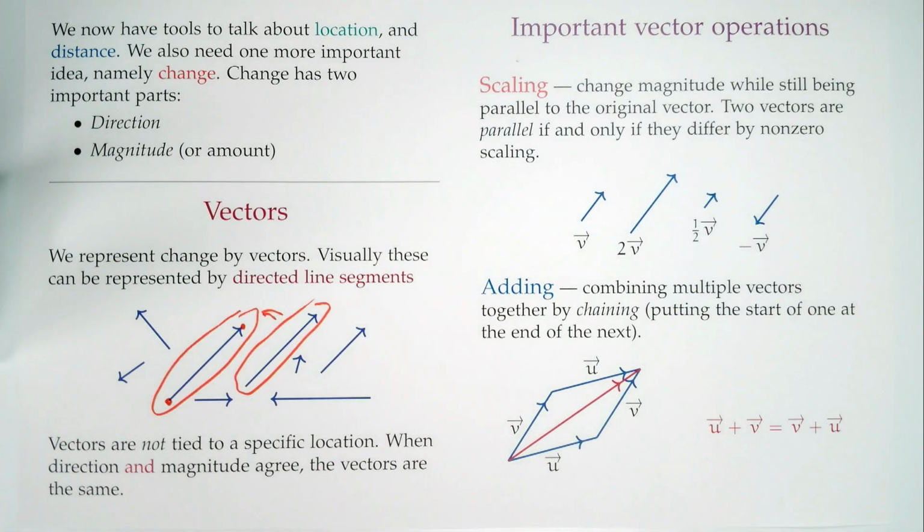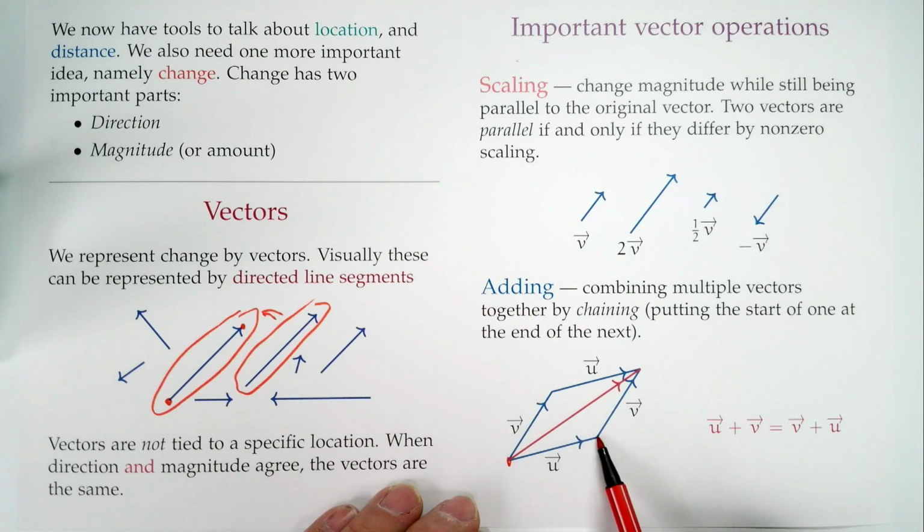Now, the other thing we can do is we can add vectors. What we mean by adding is we're going to take two different vectors, possibly more than two, but we'll just start with two. And we're going to combine them together by chaining. So, suppose I start at this corner here. That's my start point. And then I place vector u. And now, u says do the change. So after I apply the change, that's my current point.